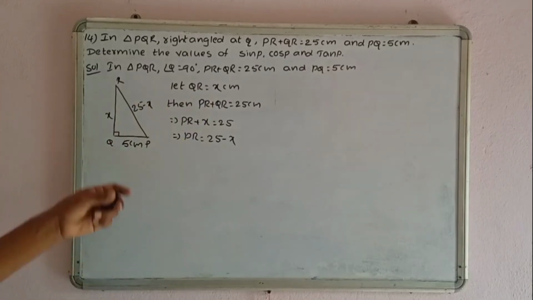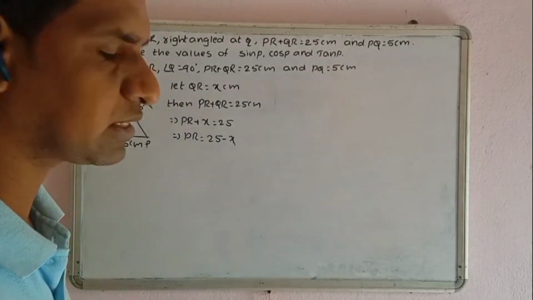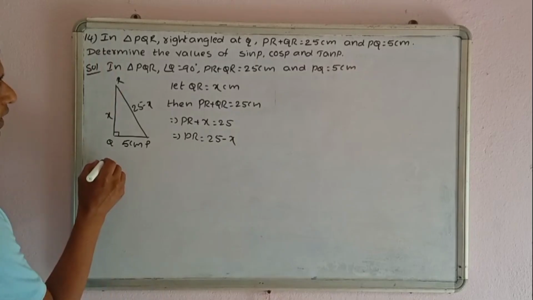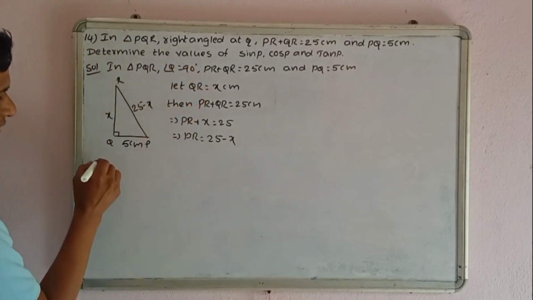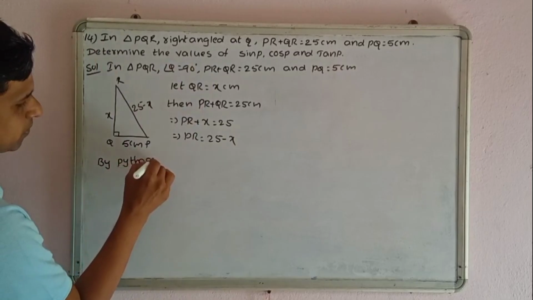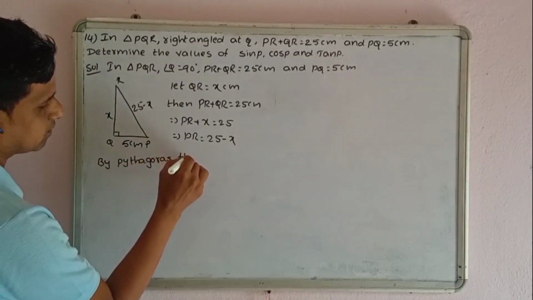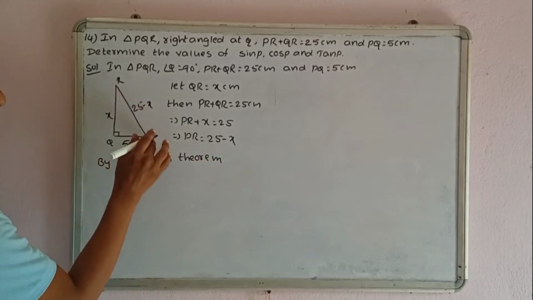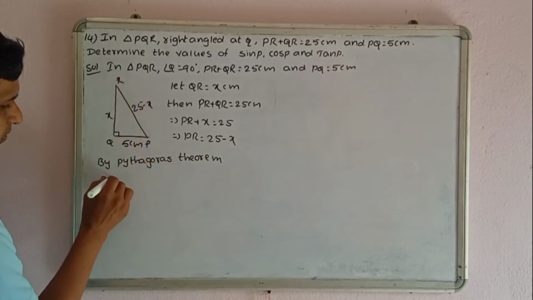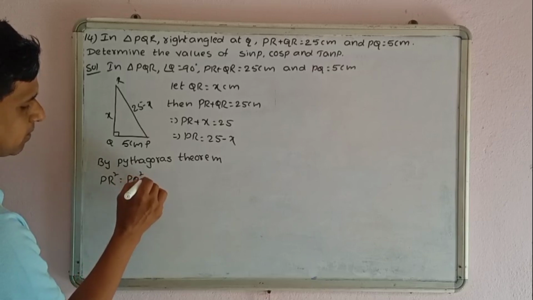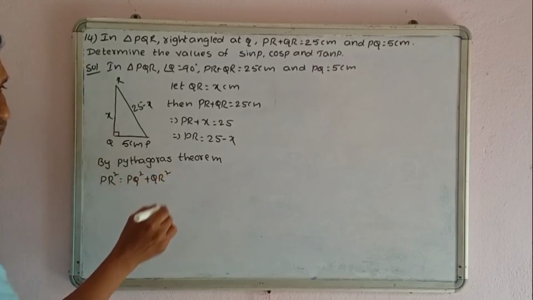Observe that this is a right angle triangle, so using Pythagoras theorem: hypotenuse square equals side square plus side square. In triangle PQR, angle Q equal to 90 degrees, by Pythagoras theorem, hypotenuse square, that means PR square, equals PQ square plus QR square.